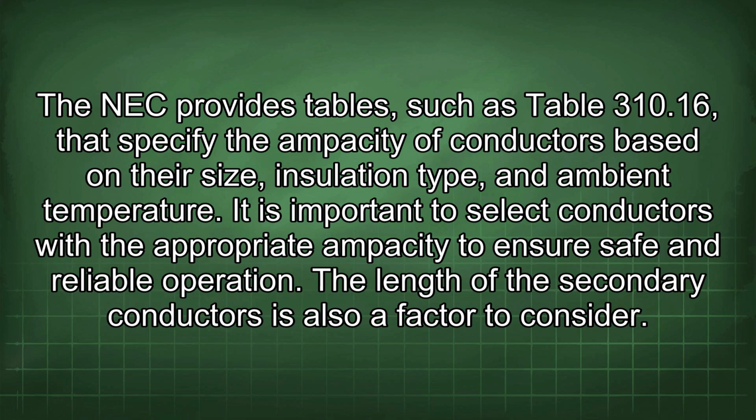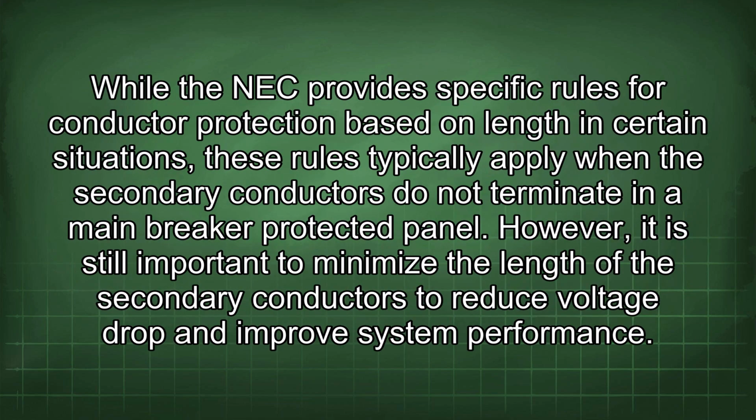The length of the secondary conductors is also a factor to consider. While the NEC provides specific rules for conductor protection based on length in certain situations, these rules typically apply when the secondary conductors do not terminate in a main breaker protected panel. However, it is still important to minimize the length of the secondary conductors to reduce voltage drop and improve system performance.